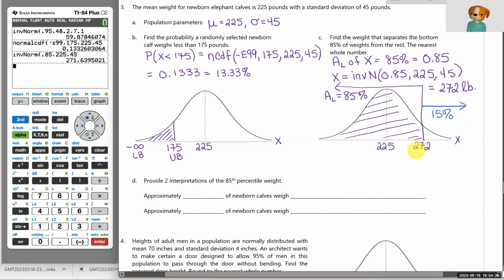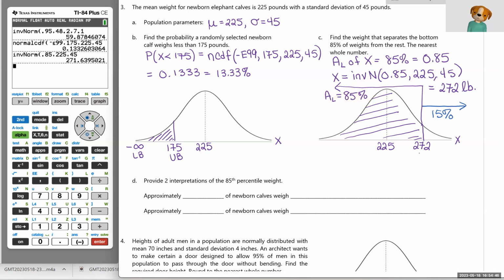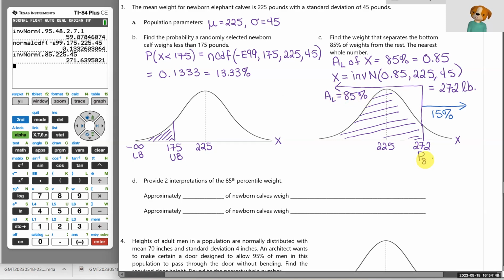So that value of 272, the percent of data to the left of it, 85%, means that this is the 85th percentile value. So that's this interpretation part. What could I tell you about the 85th percentile weight?